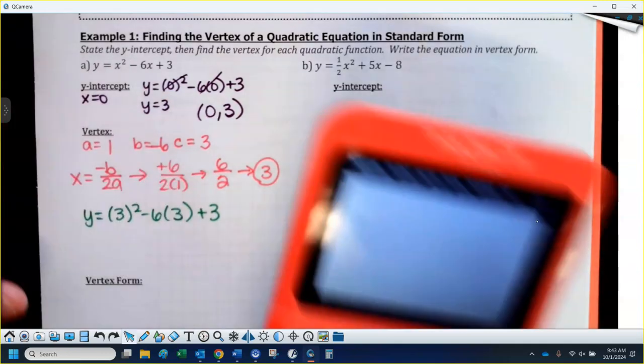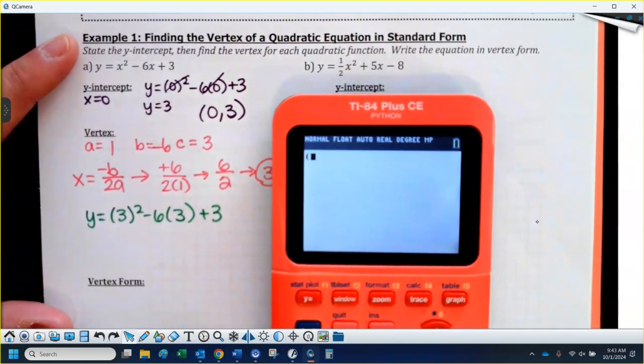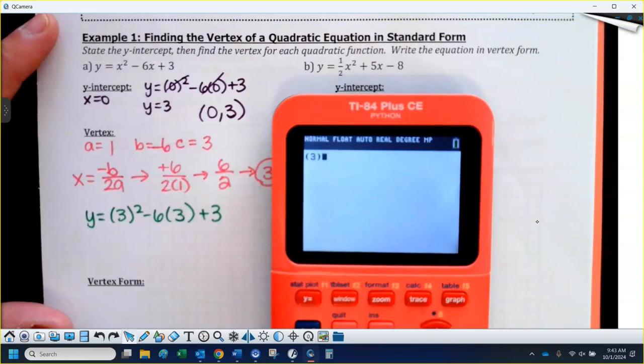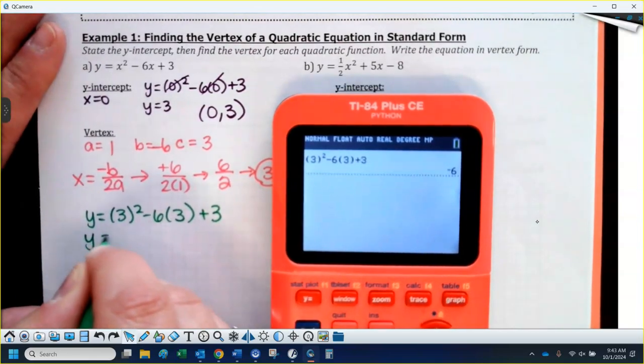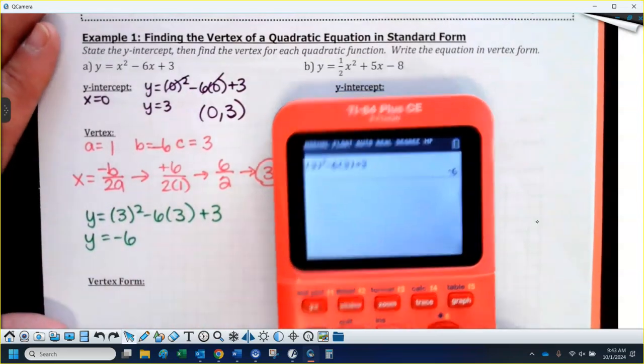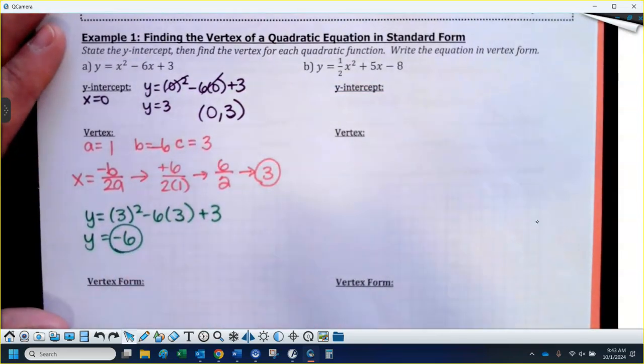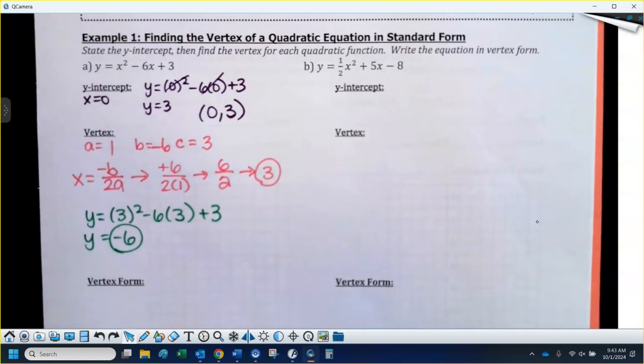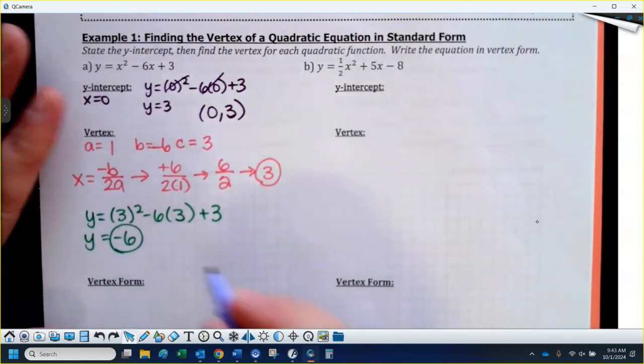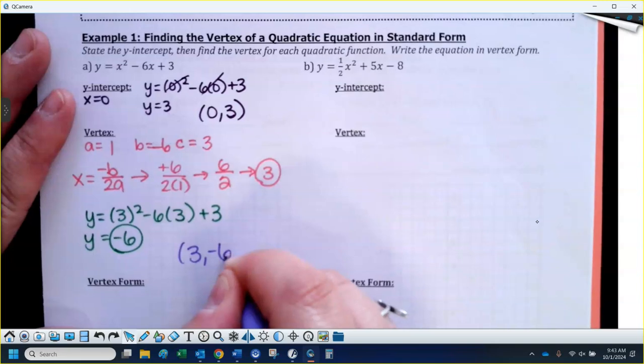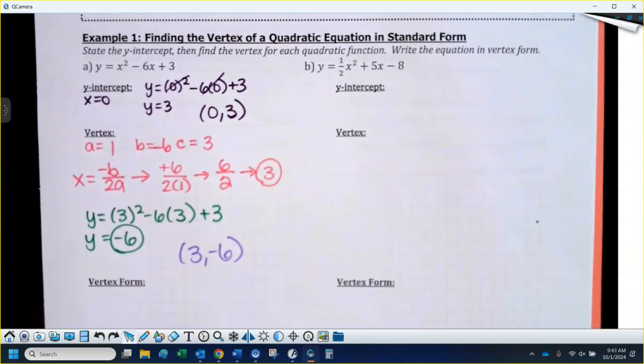You could do it by hand, but I'm literally just going to use the parenthesis keys above the 8 and the 9, just like I wrote it on the paper. So 3 squared minus 6 times 3, and then plus 3. My corresponding y-coordinate ends up being negative 6. So now we have both parts of the vertex, which is going to be (3, -6).